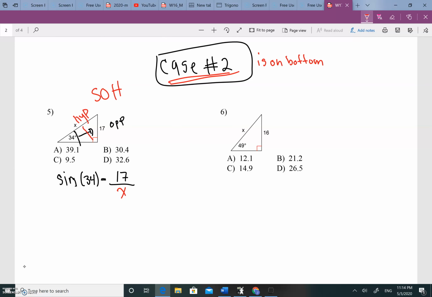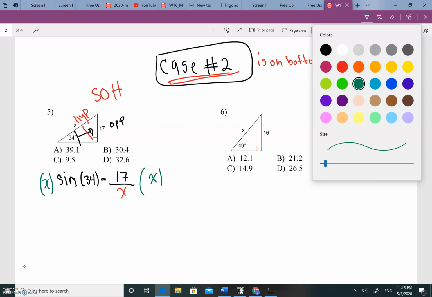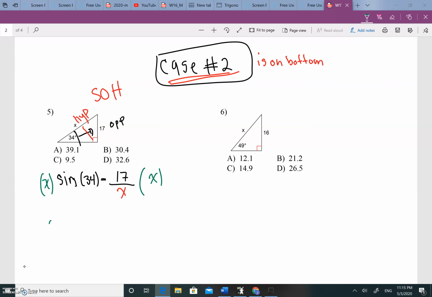We still do the same thing. We have to multiply both sides by the denominator. In this case, my denominator is x, so I multiply x on both sides. This simplifies to, let's make this in green, x times sine of 34 is equal to, these two cancel out, 17.